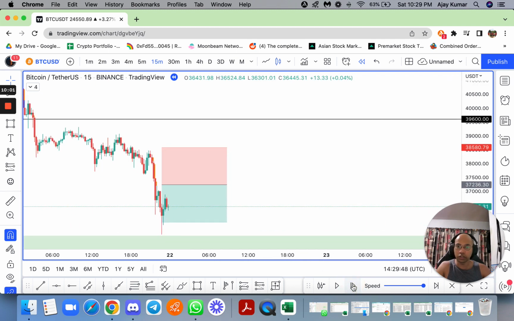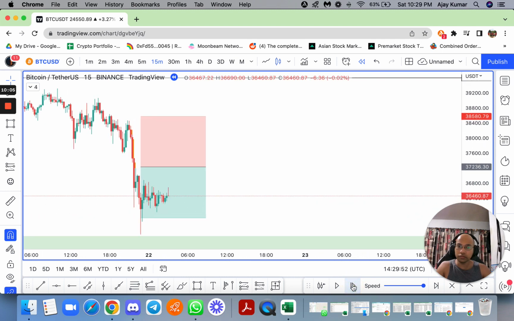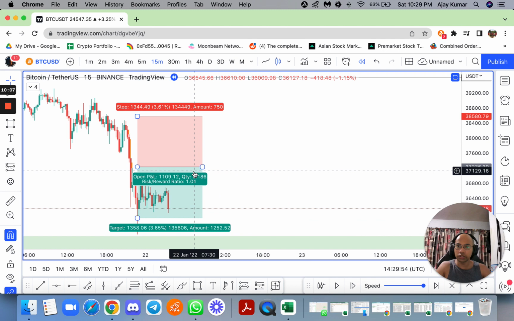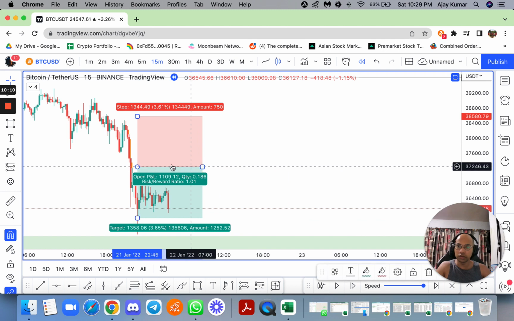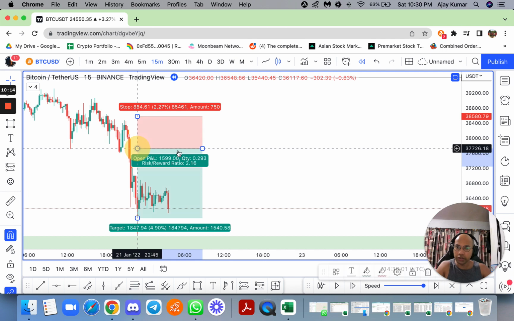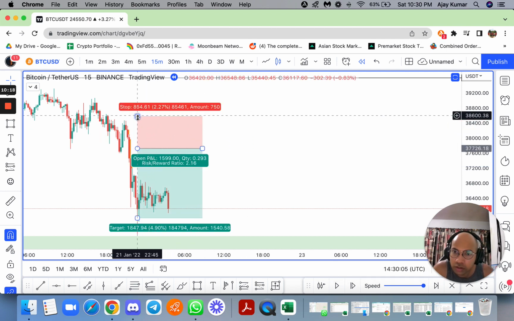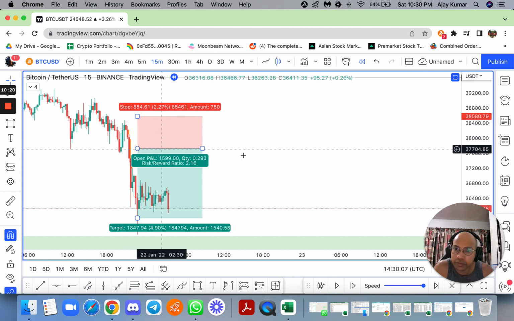Okay, it left without us. I think then I will consider entering at the higher fair value gap, somewhere here, the middle of the fair value gap.